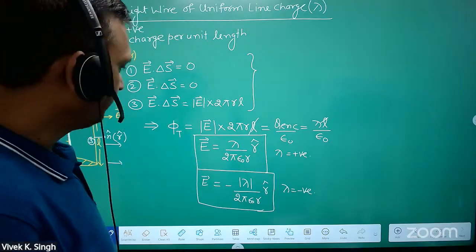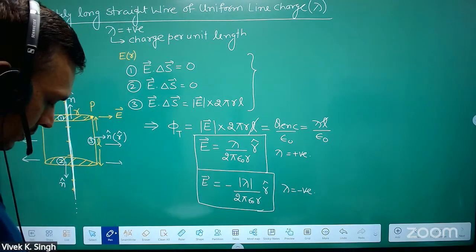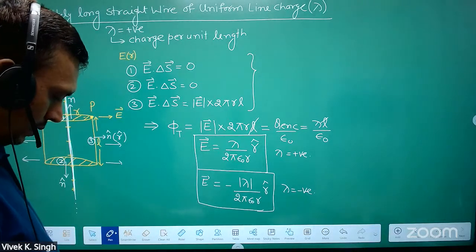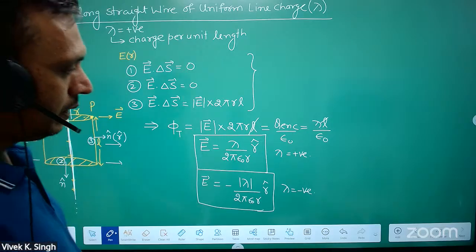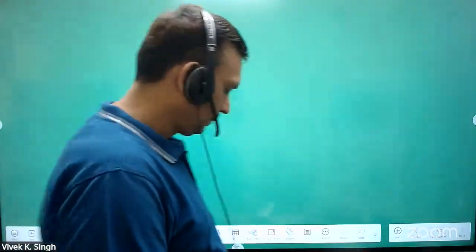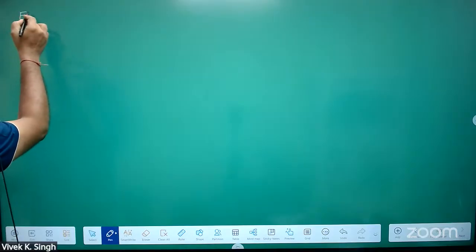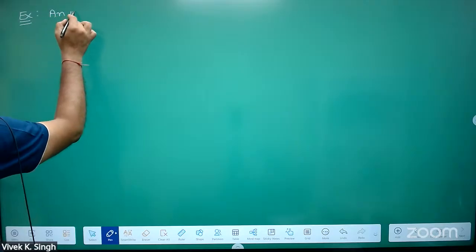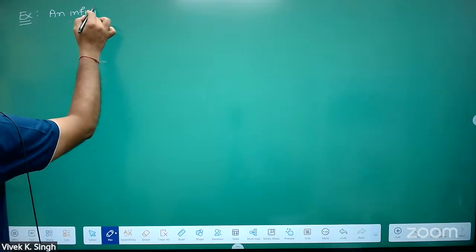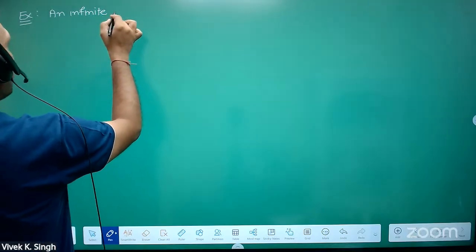Chalo. So take an example based on this. Let's see. Let's take an example. Example is an infinite line charge.